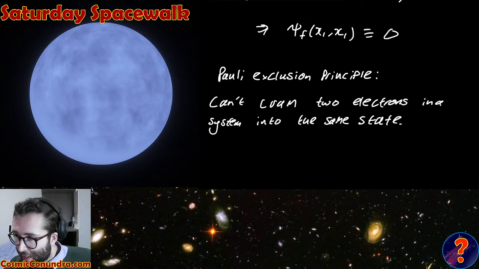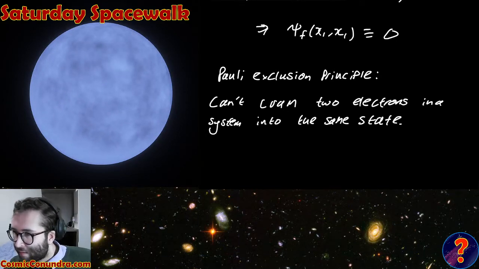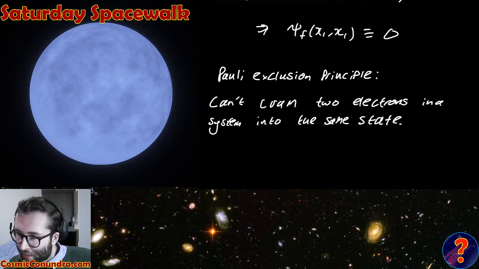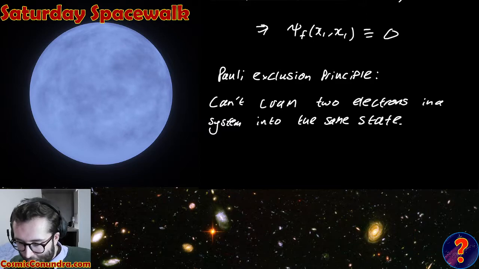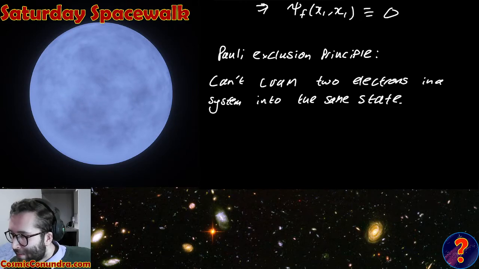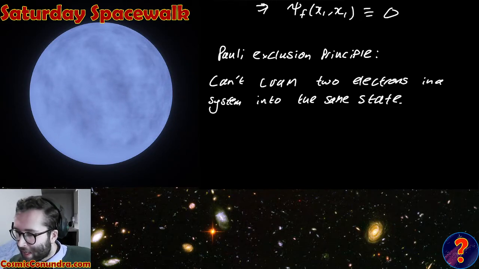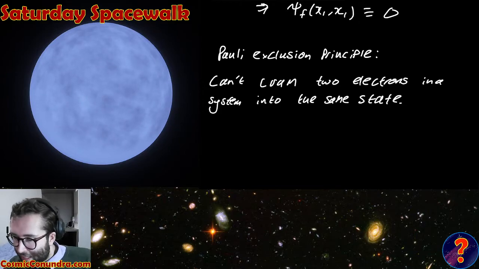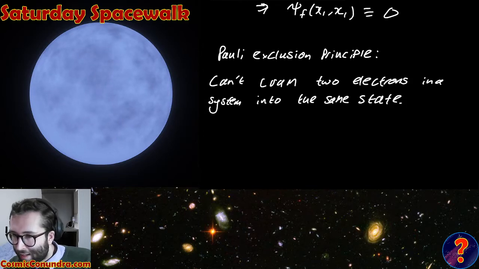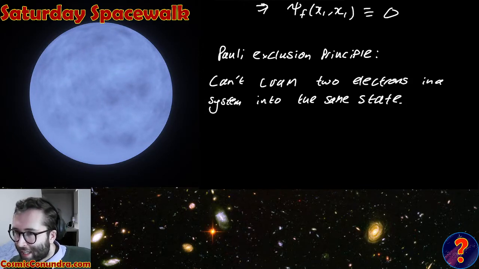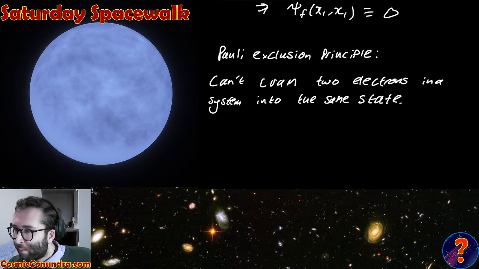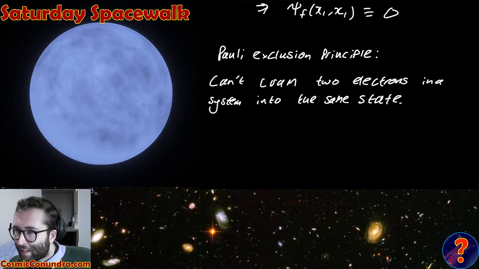So this is the force, or rather the effect, because force is a little shaky to call it that. This is the effect that stops white dwarf stars collapsing in on themselves due to gravity. But there's a fundamental limit to this. There's a limit where it no longer becomes favourable to have the electrons crammed together into this very close space, and instead it becomes energetically favourable for the electrons to react with the protons and form neutrons in some way.